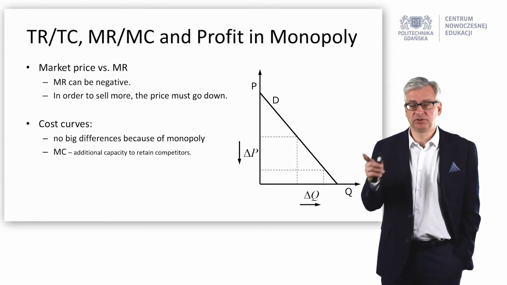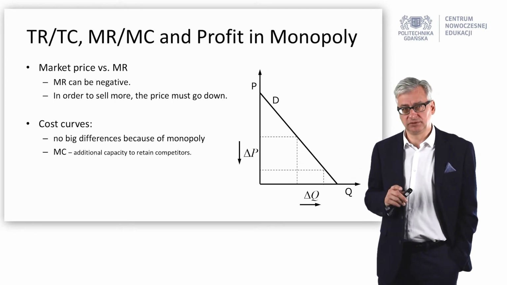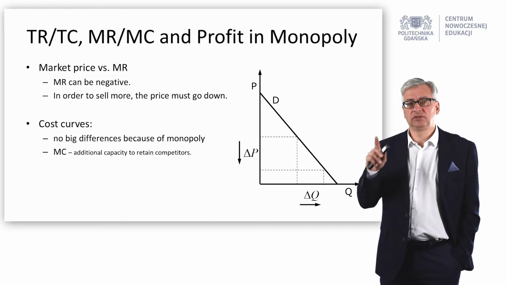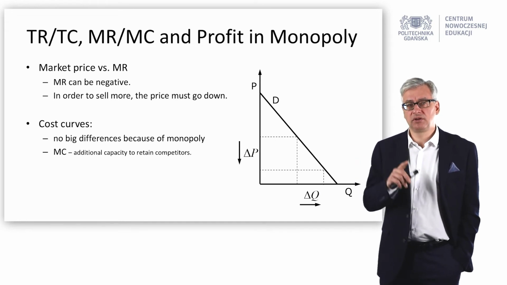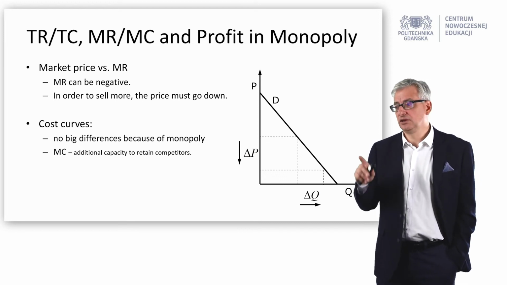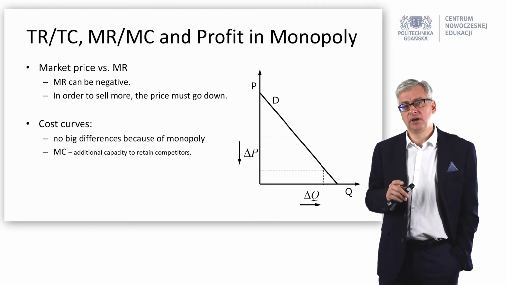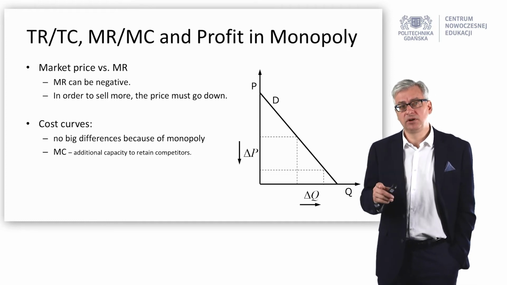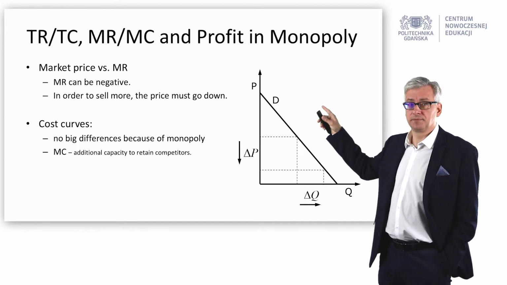So this is the important difference between pure monopoly and perfect competition. What is kind of surprising is that marginal revenue can actually be negative. It can be negative because when you are the monopolist and you want to sell more, you need to decrease your price. Have a look at the graph.